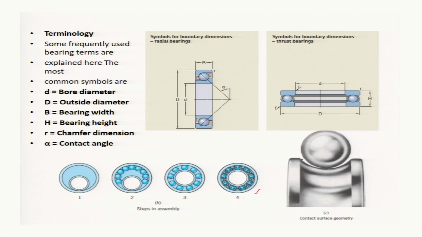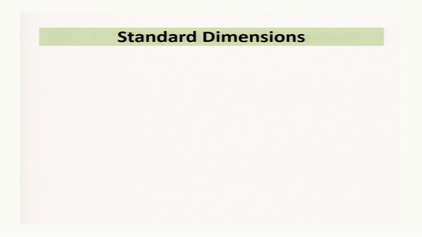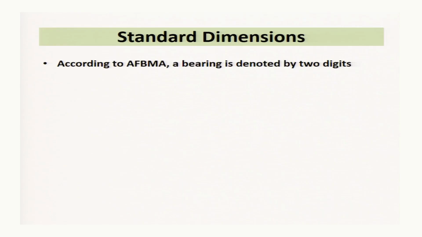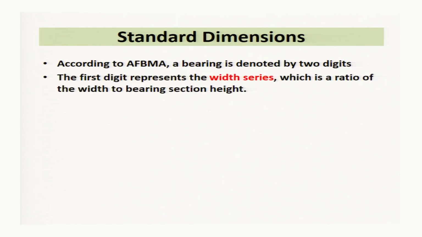This is showing the contact between the races and the ball or the roller. This may be point contact or line contact, depending on whether it is a ball or a roller. Now, standard dimensions according to the Anti-Friction Bearing Manufacturers Association: a bearing is denoted by two digits.